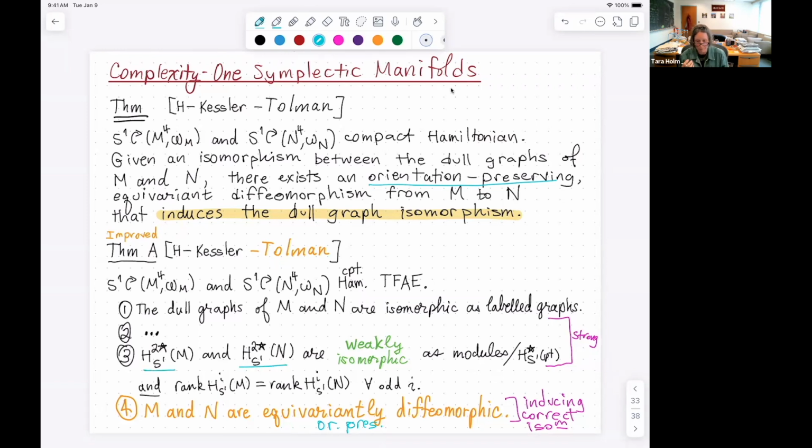But again, you can ask whether an isomorphism is orientation preserving, because these are all symplectic manifolds, they have a natural fixed orientation, and you can detect in cohomology whether that orientation is preserved, whether an algebra isomorphism is preserving the orientation. So again, there's a notion of orientation preserving in 2 and 3.